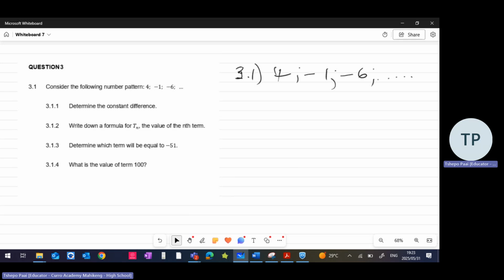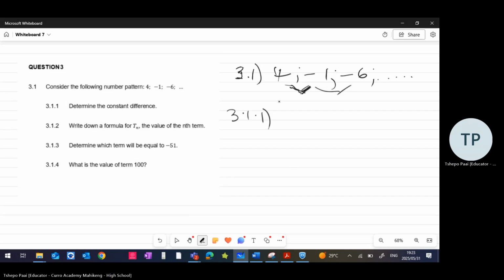We continue like that. Now 3.1.1, they are asking you to find the constant difference. Now if you look at the difference from 4 to -1, what is the difference from 4 to -1? And what is the difference from -1 to -6?